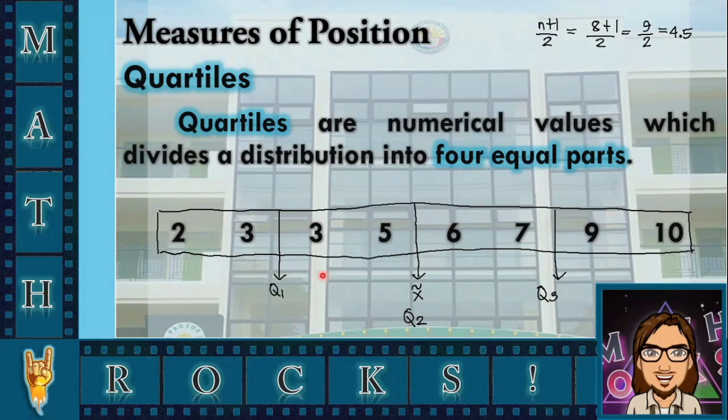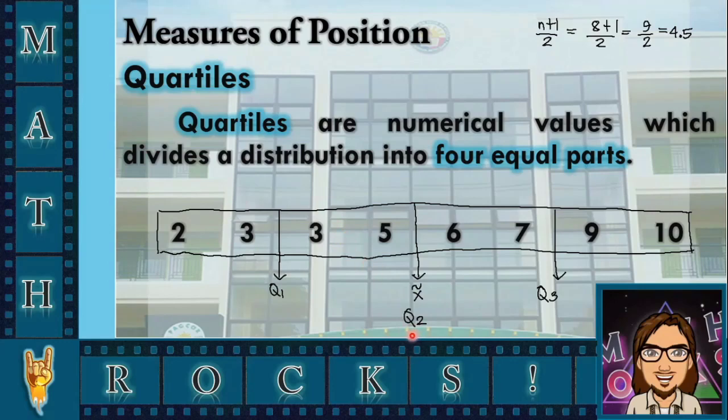And with that, the first quartile means that we have 25% of the distribution, while the second quartile has the first 25% of the distribution and the other 25% of the distribution, which gives us 50% of the distribution.